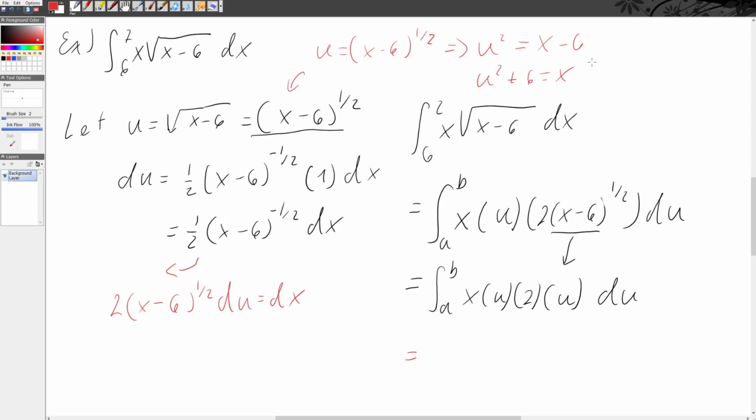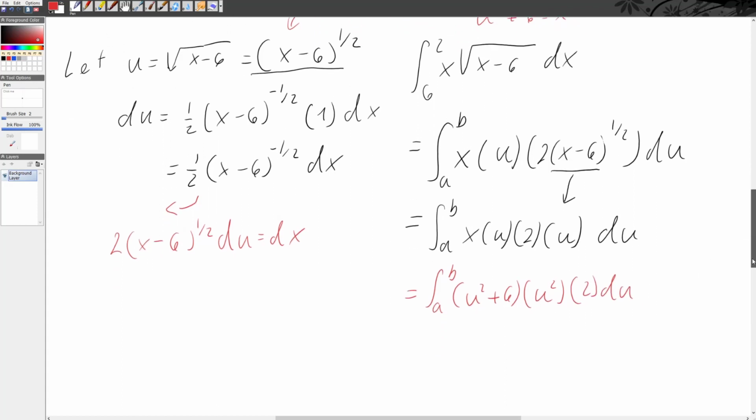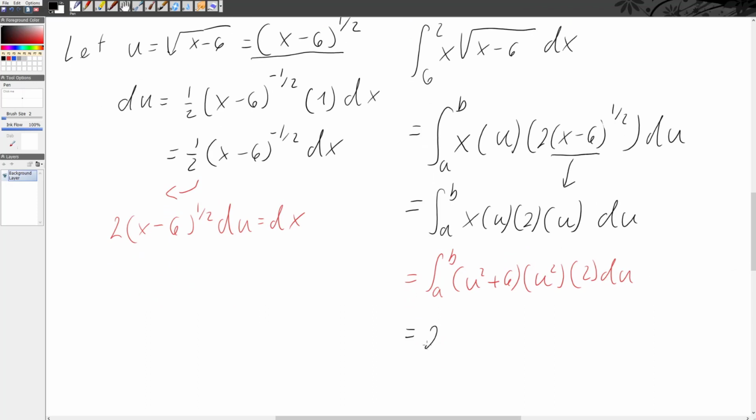So x can be rewritten in terms of u as u squared plus 6. Meaning we replace this x with u squared plus 6. There's a u there, so that's another u squared. There's a 2 there, so it's just going to be a 2 du. I'm going to pull out that 2.